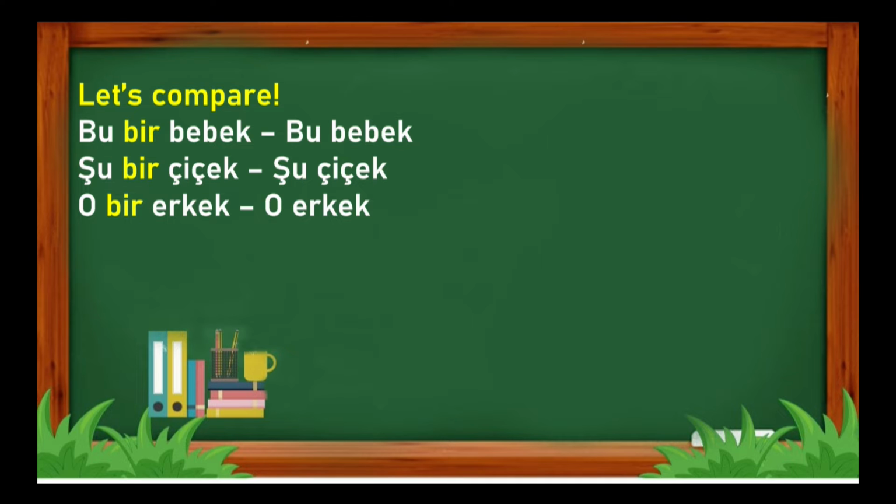And bu bebek. This baby. Şu bir çiçek. That is a flower. Şu çiçek. That flower. O bir erkek. That is a man. O erkek. That man.